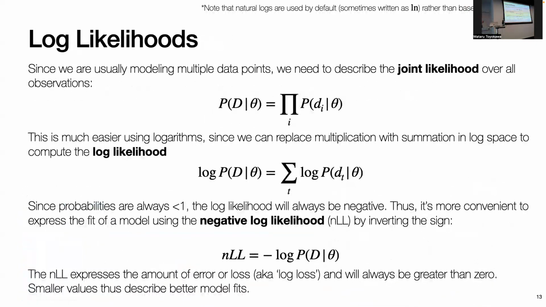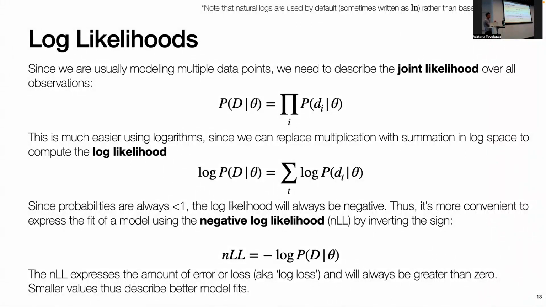Now, we're not only modeling a single data point, but multiple data points, often multiple sequences of choices. To do so, we need to describe the joint likelihood, which at first looks a bit scary, but we'll show you it is actually very simple. The joint likelihood is the likelihood that the parameters generate not only one single data point, but all the data points in our sample, all the i's.